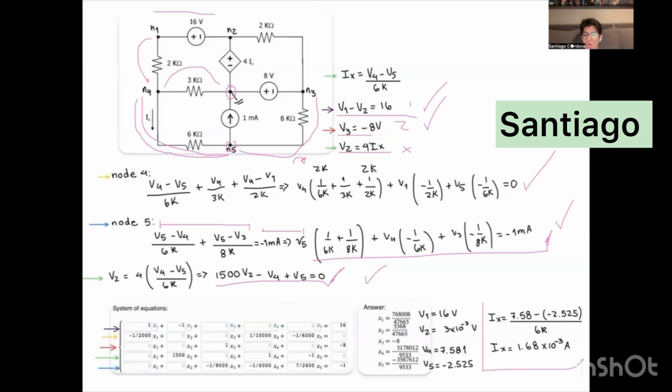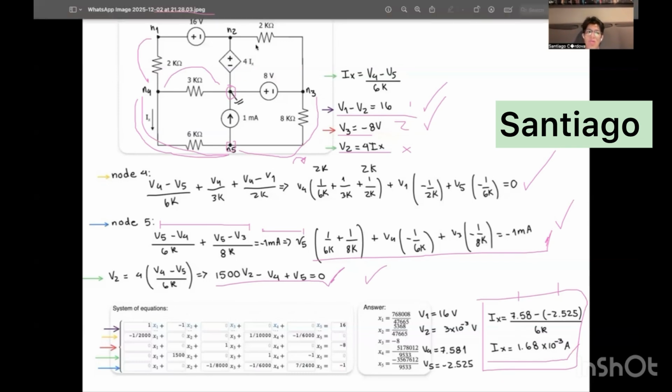The last thing we need to do, as we defined before, Ix is equal to V4 minus V5 divided by 6k. Now that we know our values, we plug them in here, and Ix is going to be 1.68 times 10 to the minus 3 amperes. And this would be the second problem.